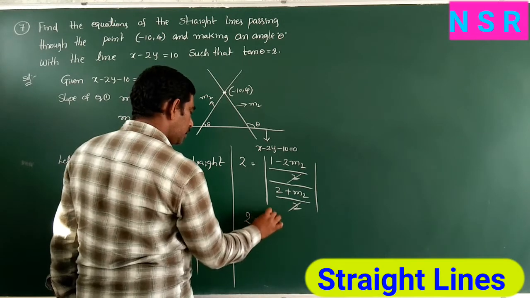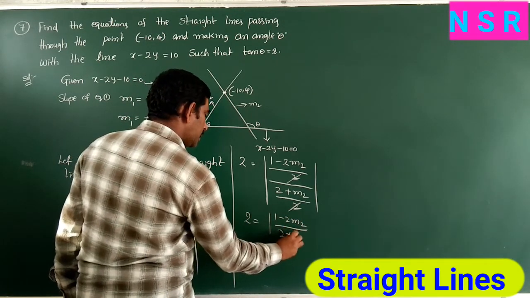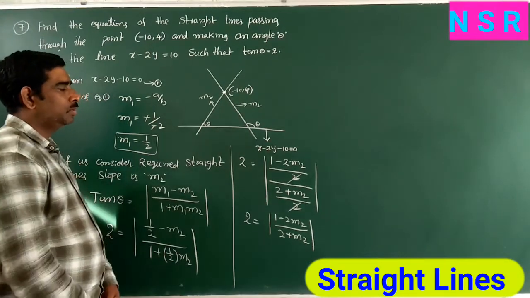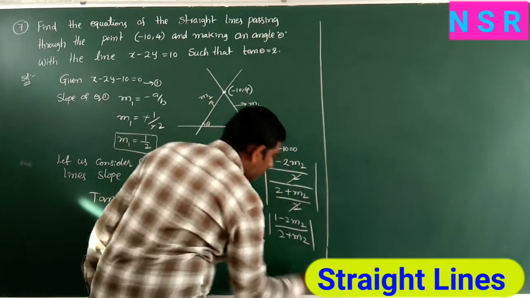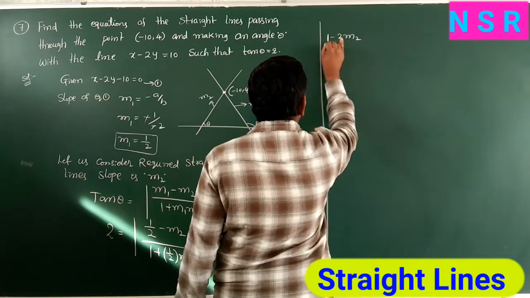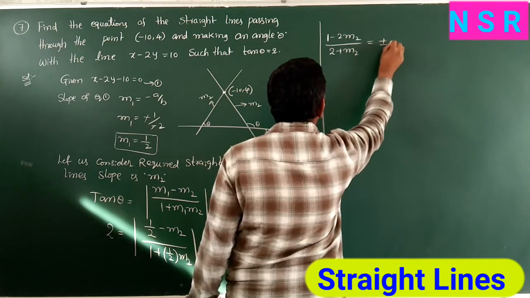Now 2 is equal to mod 1 minus 2 m2 by 2 plus m2. So remove mod, we get plus or minus 2. So one plus term and minus term, simplify that, we get 2 m2 values. So 1 minus 2 m2 by 2 plus m2 is equal to plus or minus 2.